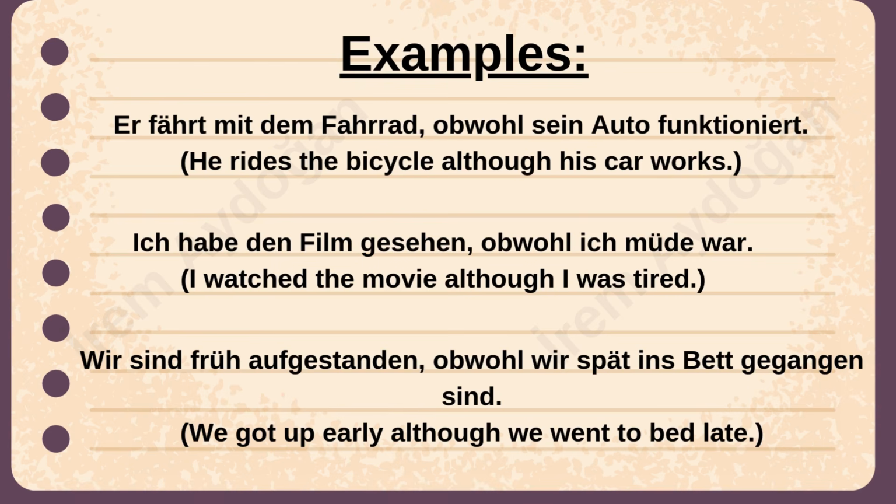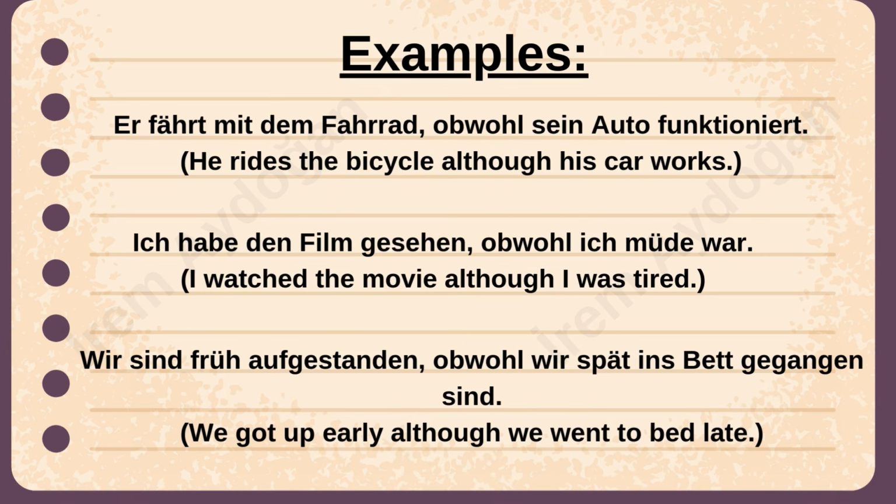The next one, ich habe den Film gesehen, obwohl ich müde war. I watched the movie, although I was tired. Wir sind früh aufgestanden, obwohl wir spät ins Bett gegangen sind. Just be careful, I use gegangen, the base verb, before the auxiliary verb.